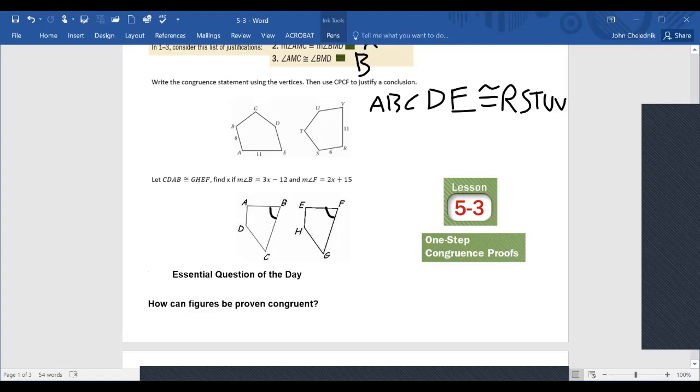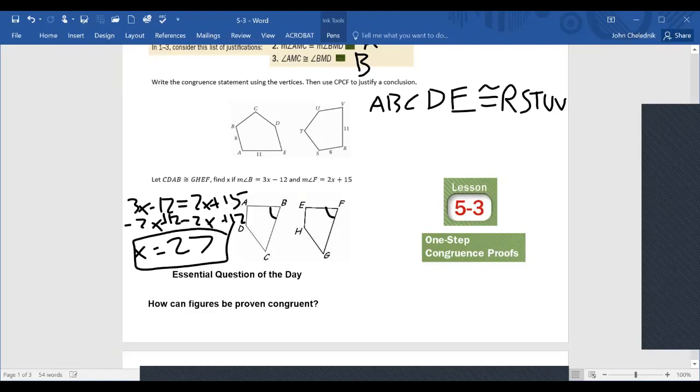So that means that 3x minus 12 actually equals 2x plus 15. Now if we solve that out, I'm just going to add 12 while I'm at it. I'm going to skip a couple steps here. 15 plus 12 is 27. x equals 27. There you have it.